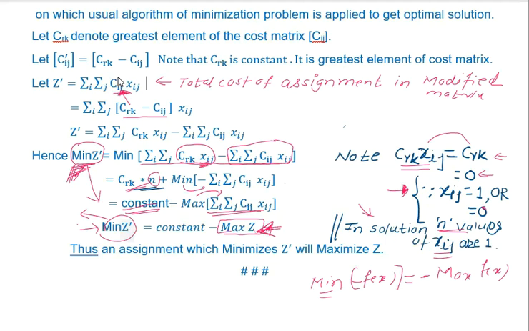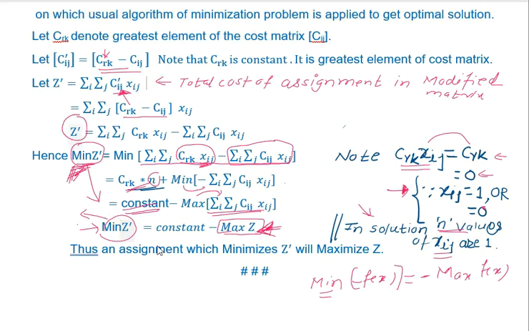So the procedure is this: we subtract all entries from the greatest entry in the cost matrix and we get the revised matrix. On that revised matrix, we apply the Hungarian method to get the minimum value of the new objective function z dash.